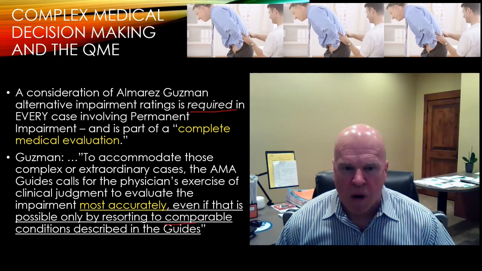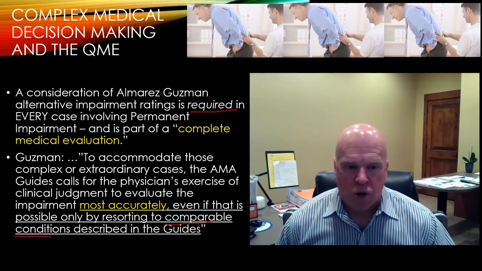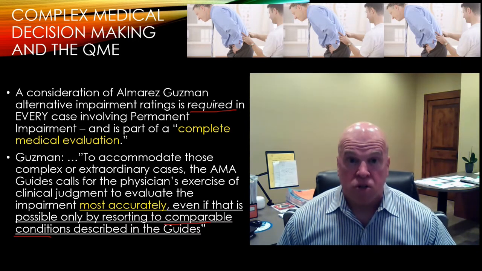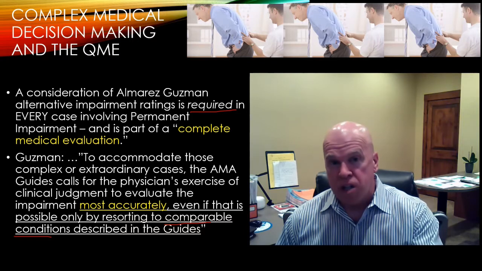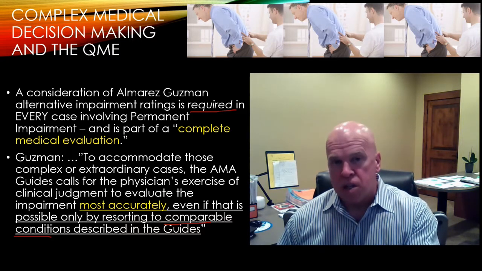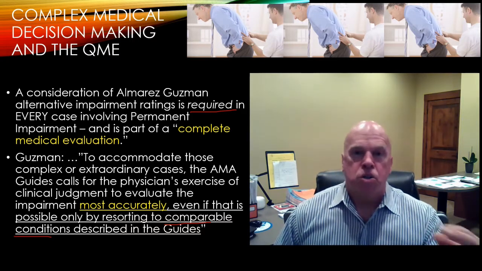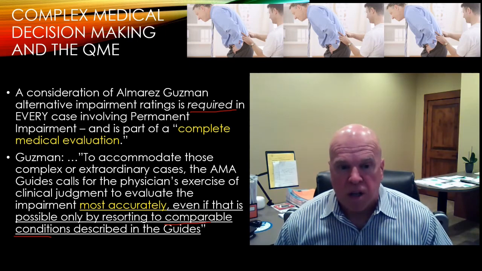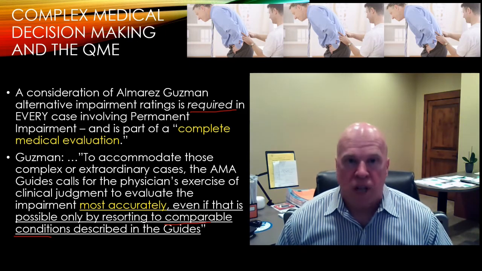And when we talk about comparable conditions, we're talking about making analogies to conditions in the guides and analogizing those conditions and those impairments to our examinee's condition and our examinee's impairment.